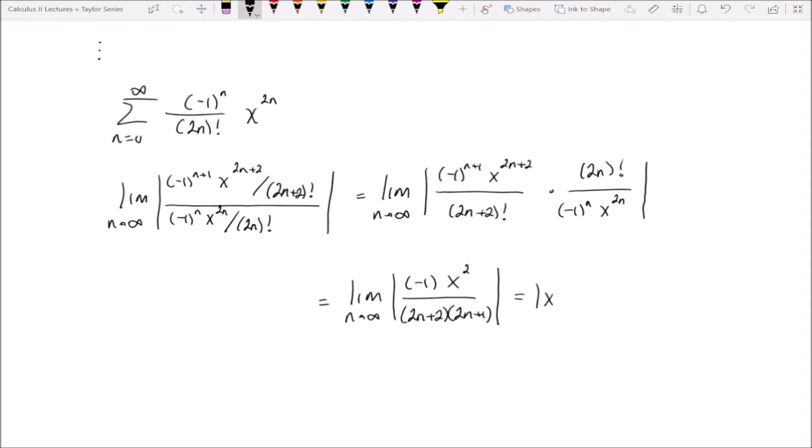So we have the absolute value of x squared times the limit of 1 over 2n plus 2 times 2n plus 1. And of course, that's going to be 0. So the interval of convergence is all real numbers.